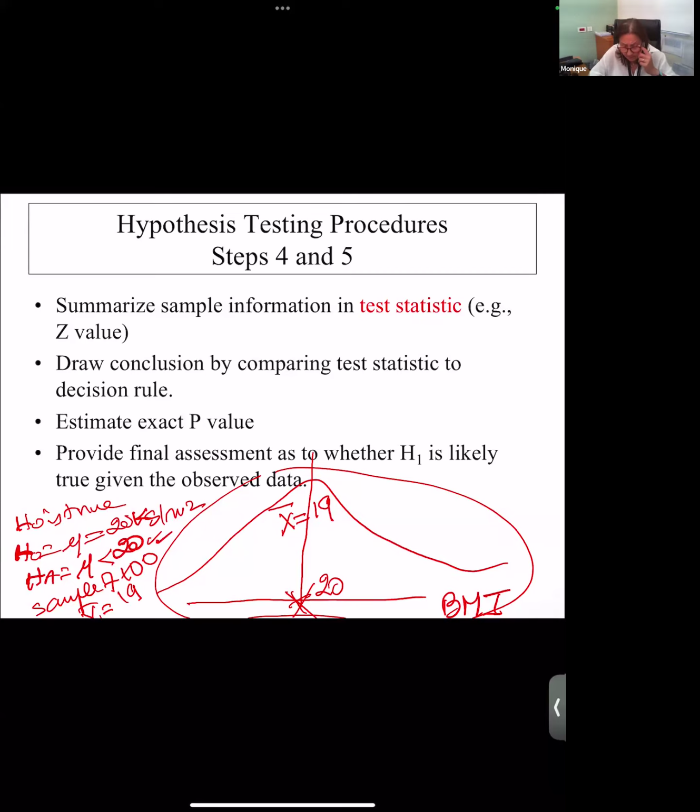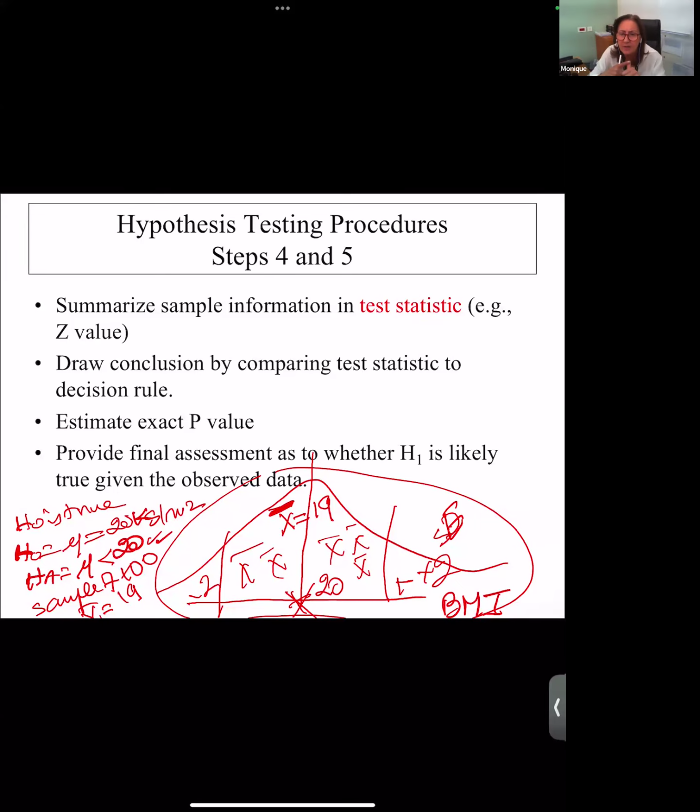No. The way I think about it, any X bar between -2 and +2 standard deviations from the mean, standard error actually, I would consider as if there is no association. It means there's no difference.